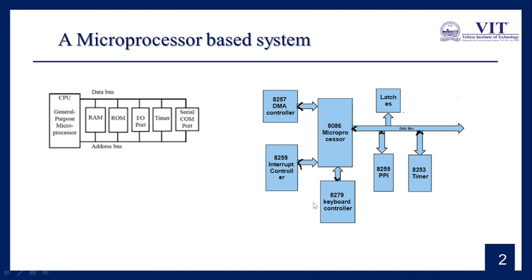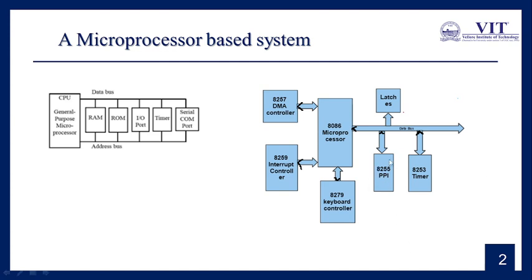The main application is to read and write data communication from input-output devices. This 8255 is called the programmable peripheral interface, which can be used to read or write data through the IO ports available in 8255.